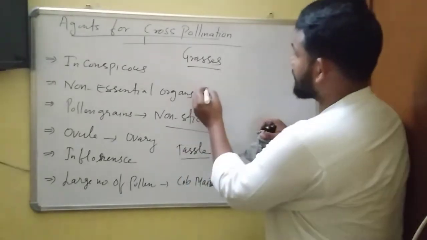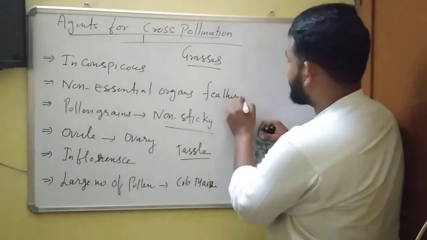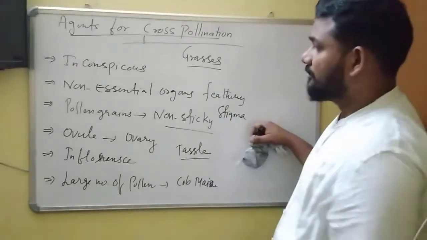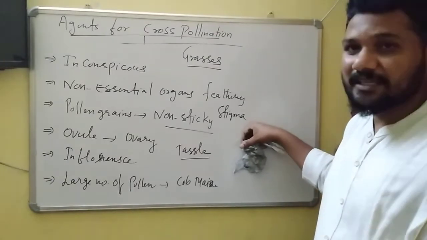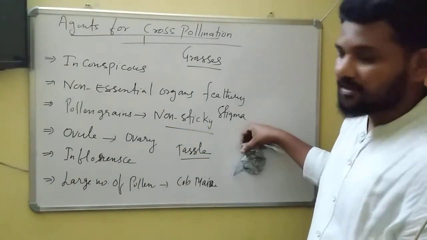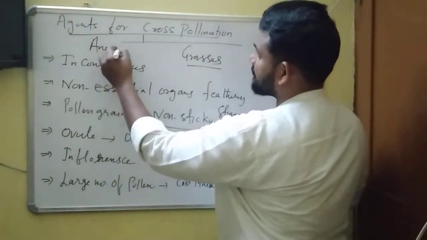And one more important thing is feathery stigma. Stigma is feathery. The feathery stigma is also present in anemophilous flowers. If stigma is feathery, then it can easily catch the wind-borne pollen grains. So these are the important characteristics of anemophilous flowers.